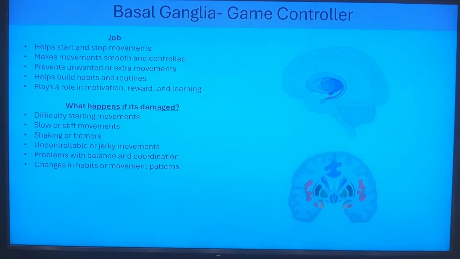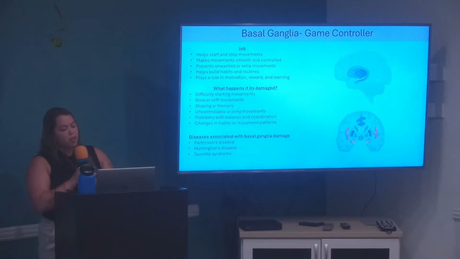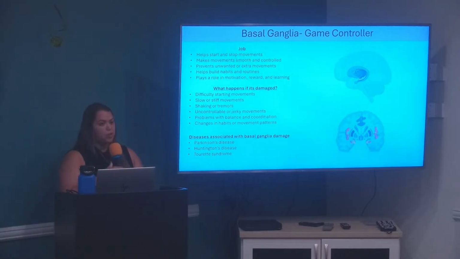So maybe you're used to doing one thing, or maybe when you get out of the shower, you have a way you dry yourself off. If you wake up, you have a routine in the morning. You can start seeing little differences in these routines, which is a really interesting symptom related to the basal ganglia. And then of course it's associated with Parkinson's disease, also Huntington's disease, and Tourette's syndrome. We'll be going over Parkinson's and Huntington's today.